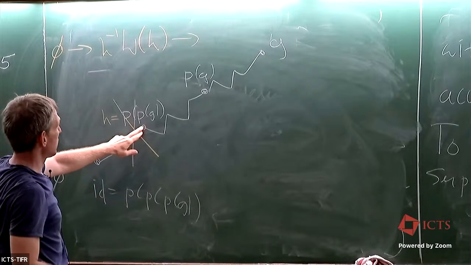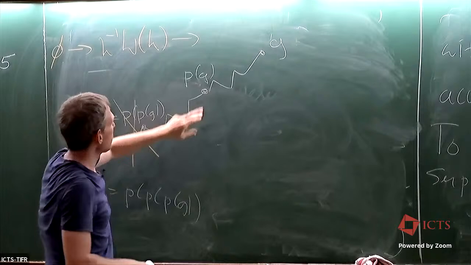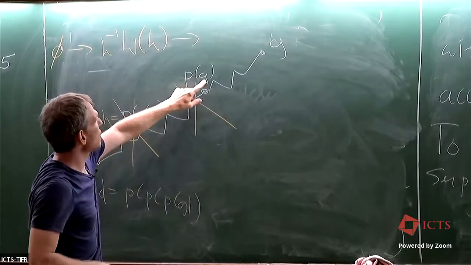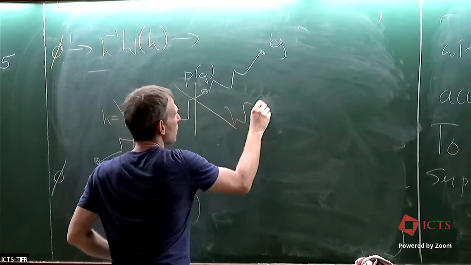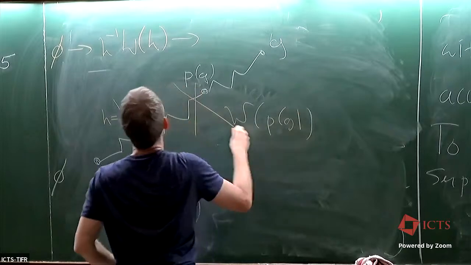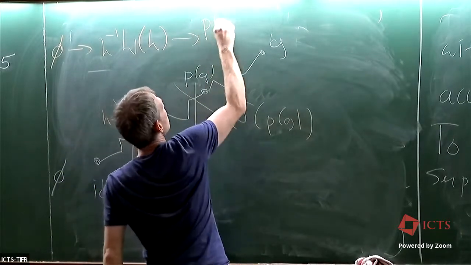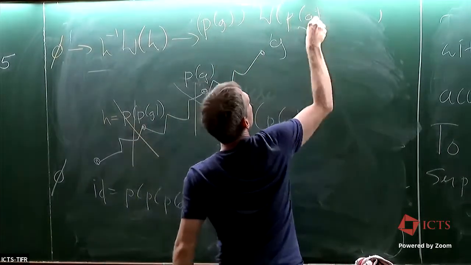And then there is something to prove, namely that we are allowed to jump to the state which is obtained by translating this P of G to the identity and translating simultaneously these words W of P of G to identity. So we need to prove that then in the automaton we can go to P of G inverse W of P of G, etc.